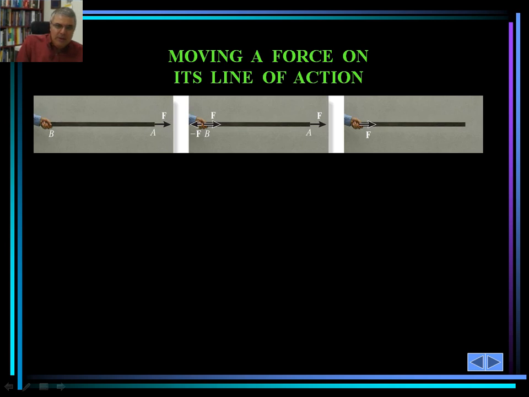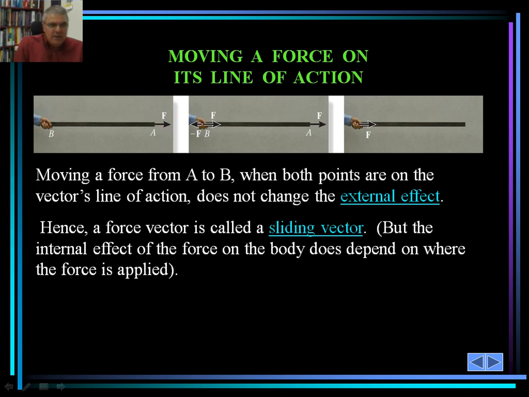Let me take you to this slide. Also, moving a force on its line of action. In this case, the force F is acting along the line AB, as you can see here.